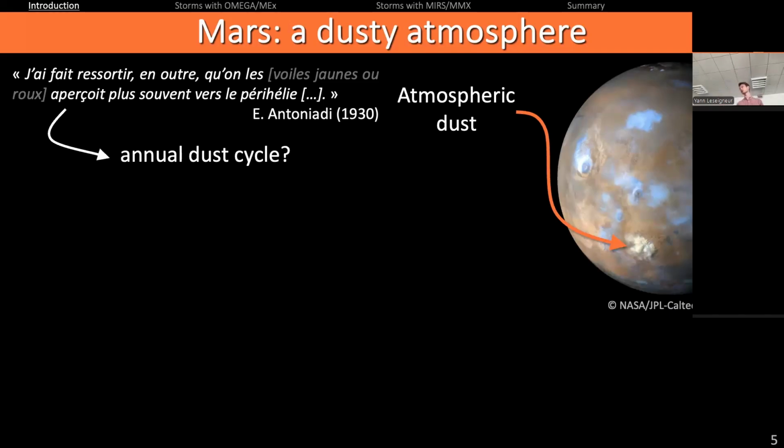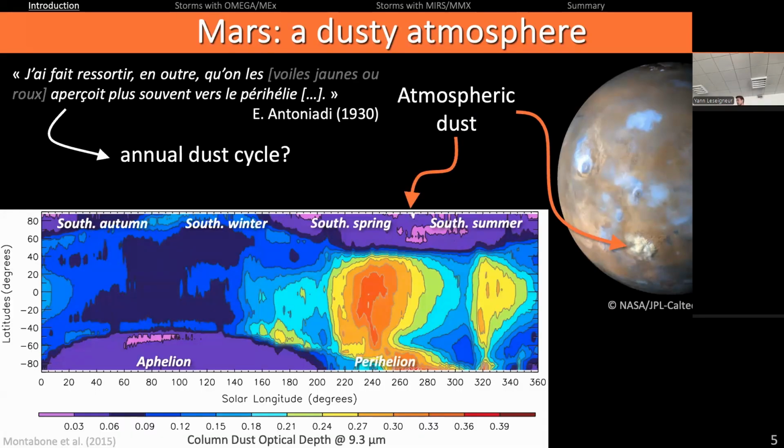Now if we look at recent data about the atmospheric dust amount, here is a diagram from the Martian atmosphere community. This is the distribution of the atmospheric dust quantity. On the y-axis are the geographical latitudes, and on the x-axis the solar longitudes.